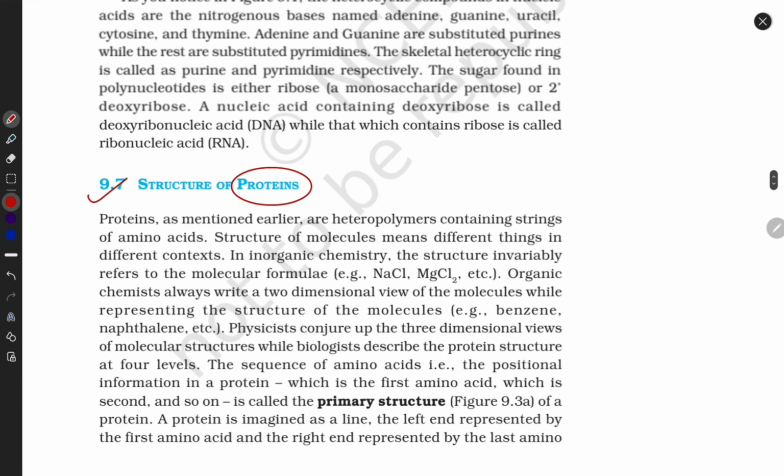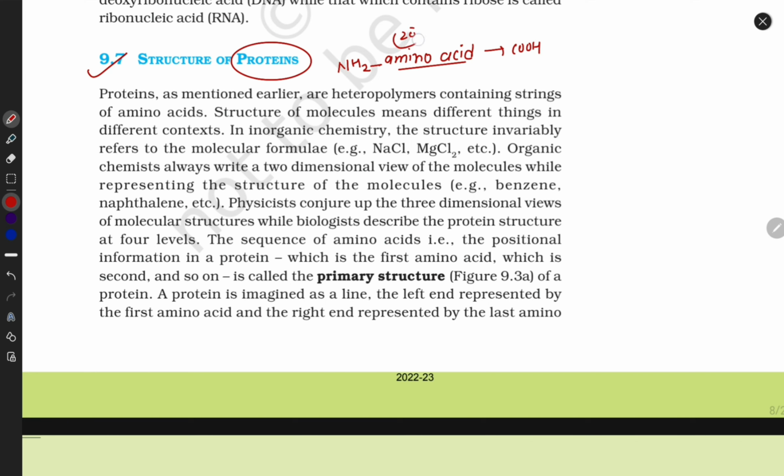We all know what an amino acid is. That amino acid contains a carboxylic group on one side and an amino group on the other side. We already discussed 20 types of amino acids with their special properties and their structure also.